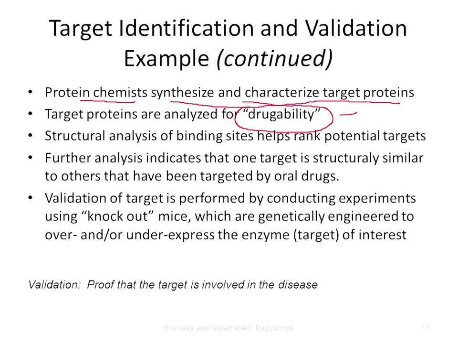So they look at the properties of the protein to make sure that this protein may be appropriate. And then they will analyze the structure of the protein to see if there are appropriate binding sites. And that will rank the potential targets.